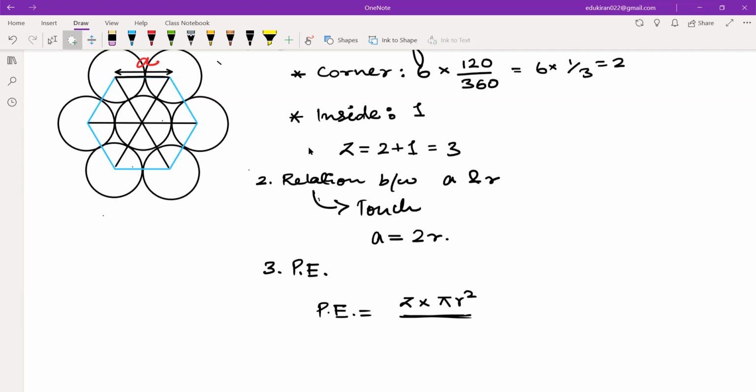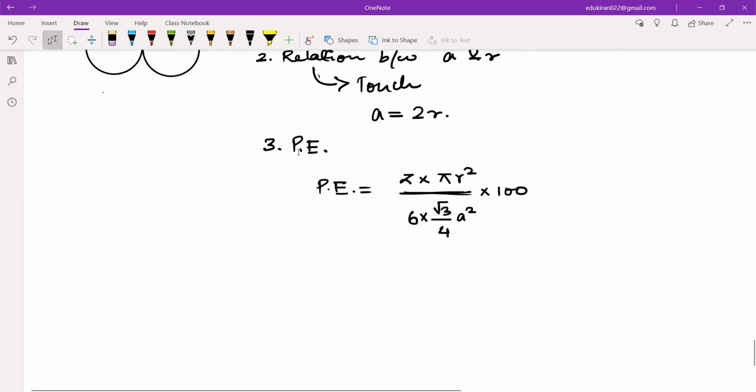Can you see that we have got 6 equilateral triangles? Yes. So the area of one equilateral triangle is root 3 by 4 A square. You remember? And then we will multiply this by 6 in order to get the area of the whole hexagon. Fine?